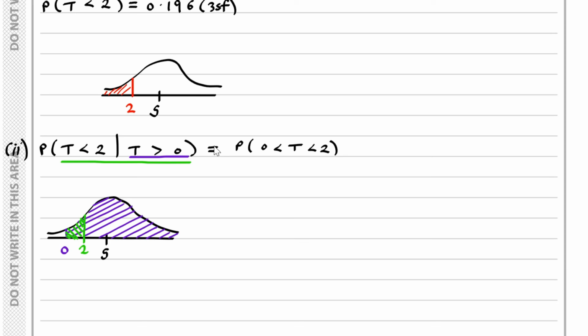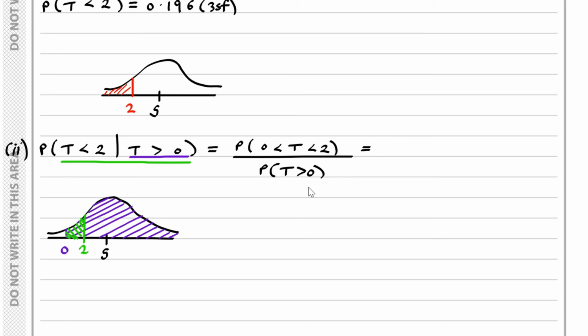And it makes sense, we can't have any negative values taken into account because time obviously must be greater than 0. And here we've got the probability that t is greater than 0. Okay, so let's just write this in the center.